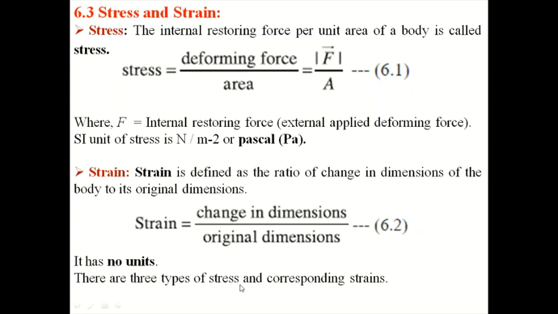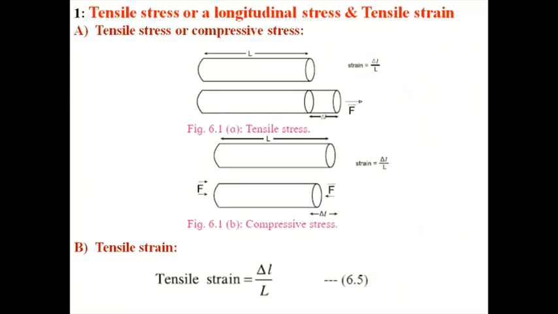And there are three types of stress and corresponding strains. Now we'll study them. The first is the tensile stress, also known as longitudinal stress, and tensile strain. Suppose a force F is applied along the length of a wire, perpendicular to the cross section of the wire.